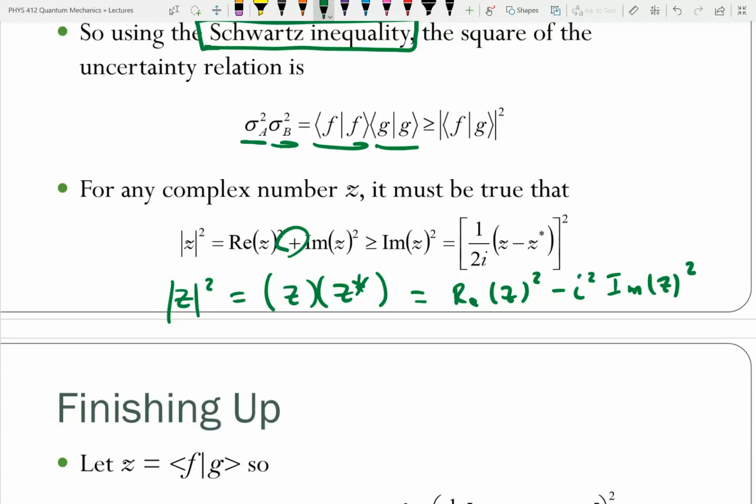Z minus Z star, the real parts stay the same, so those are subtracted out. And then you have an imaginary for both of those terms. So when you square it, you're going to have I squared. The 2 here is because this is going to be 2 times the imaginary part. The I is because it's going to be imaginary, so you are dividing out the imaginary.